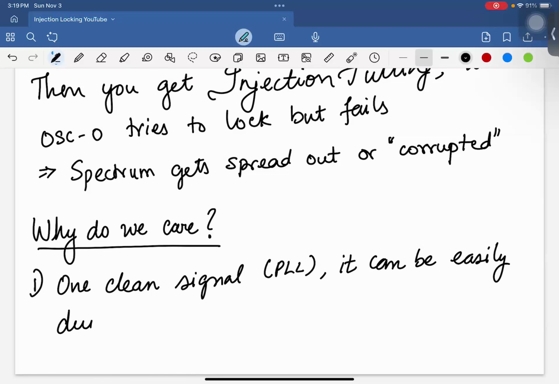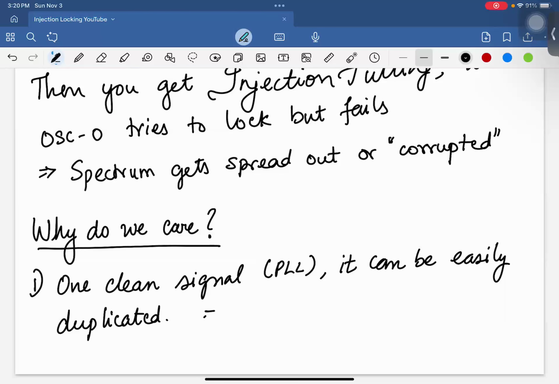You just make one PLL, one clean signal at F1, and you have all these other oscillators that are free running, so they're not well defined at F1. But if you lock F1 to them, they all start oscillating at F1. We'll also show that the phase noise of a locked oscillator drops as long as the injected signal is much cleaner than the free running oscillator.